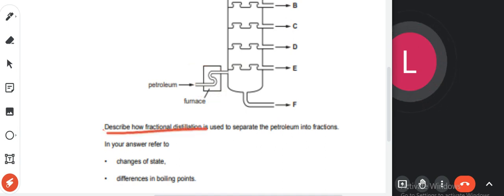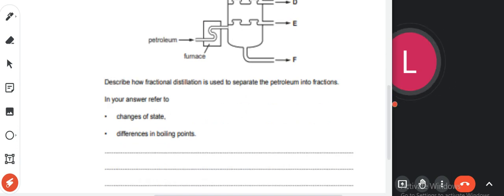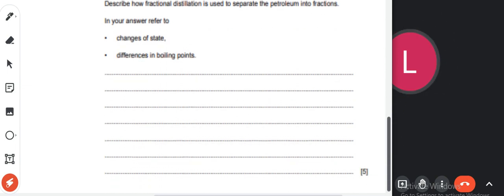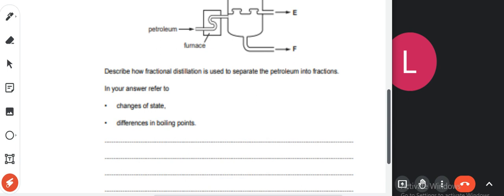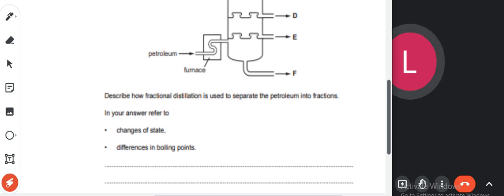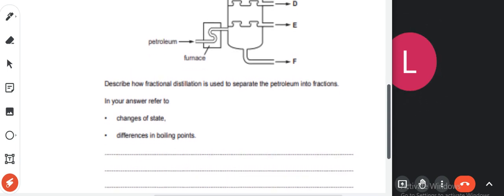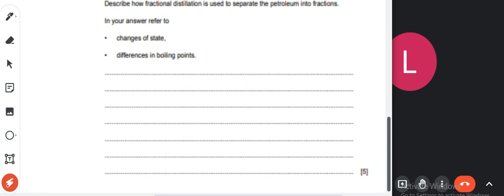Now it says describe how fractional distillation is used to separate the petroleum into fractions. In your answer, talk about change of state and differences in boiling point. You know how fractional distillation occurs. Substances, usually in liquid form, are separated because of the difference in boiling point.